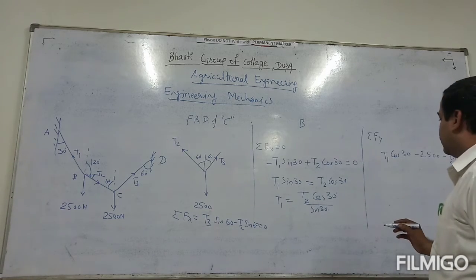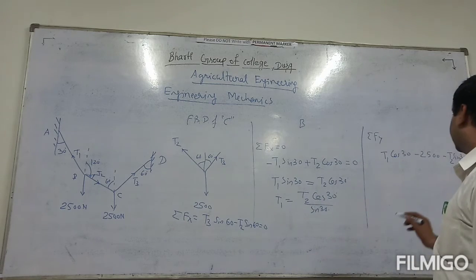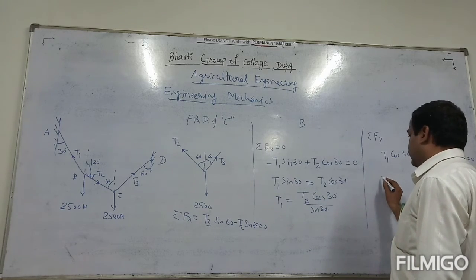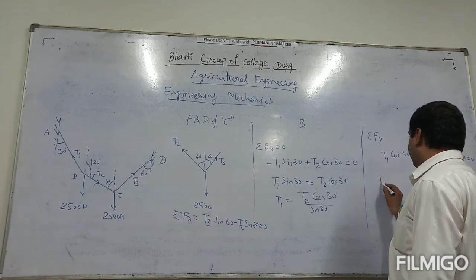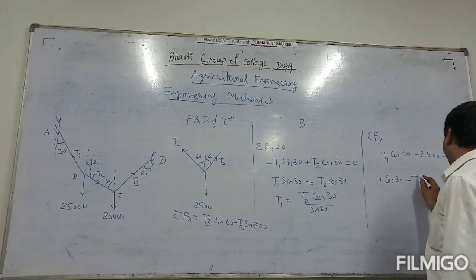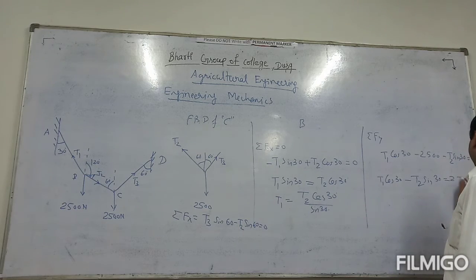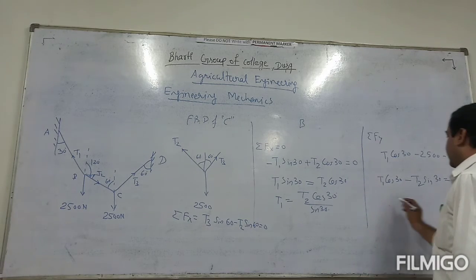So here putting the value of T1 equal to T2 cos 30 by sin 30, T1 cos 30 minus T2 sin 30 equal to 2500.